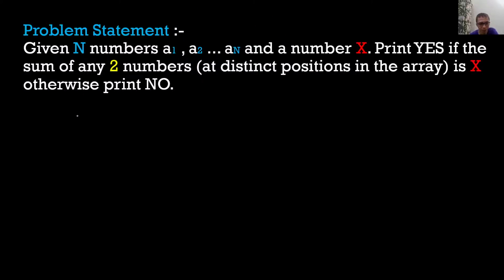For example, let's say my array has four numbers 1, 3, 5 and 7, and let's say x is 6, right? So in this case, we can see that on adding 1 with 5, I'll get 6.